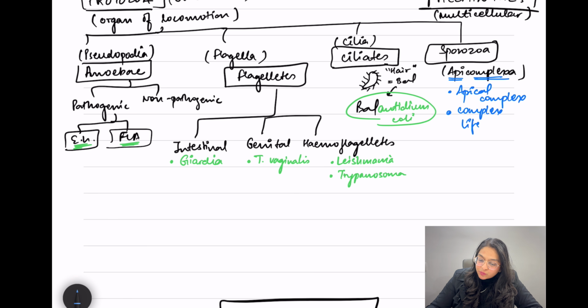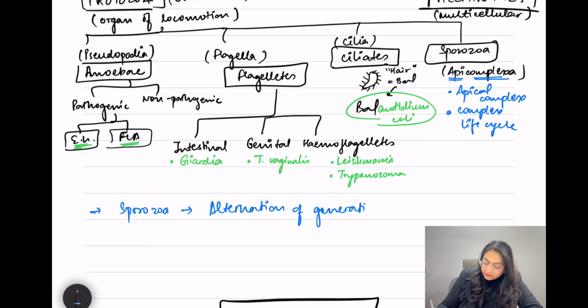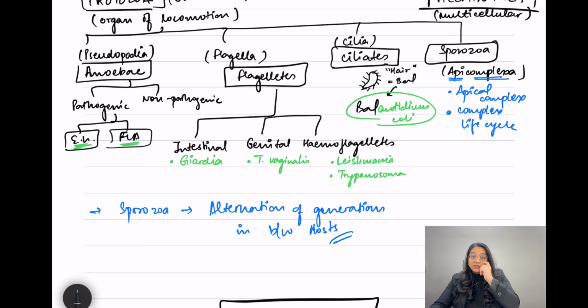So, what's the thing about sporozoa? In sporozoa, there is a change in generations in between hosts. These parasites move from one host to another, and when they move, there is a change in generation. It can go from trophozoite to cystosome to microgamy to zygote.